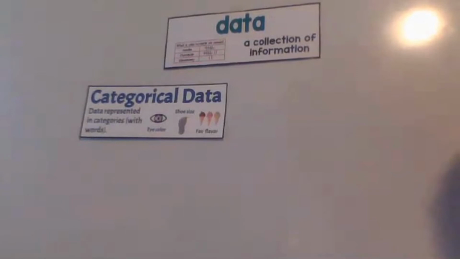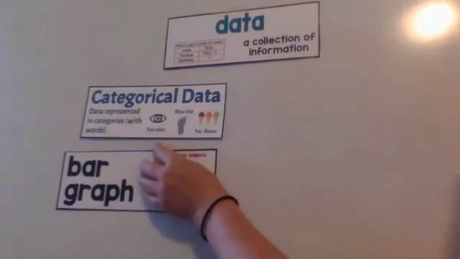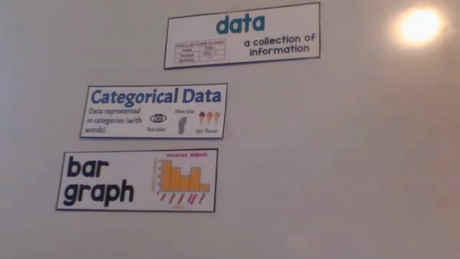When we gather that information, just to make it easier to read, we use a bar graph to put that categorical data on. Okay. On this bar graph, they have your favorite subject. So maybe they asked that question, they went around to their classmates, and then they put it nice and neat on a bar graph so it's easier to read.